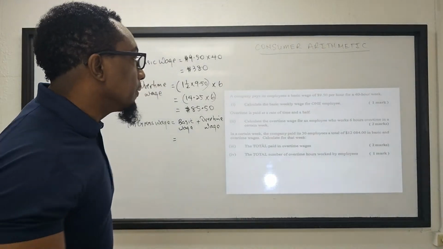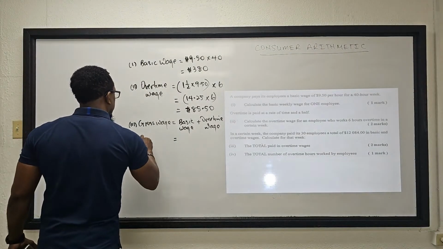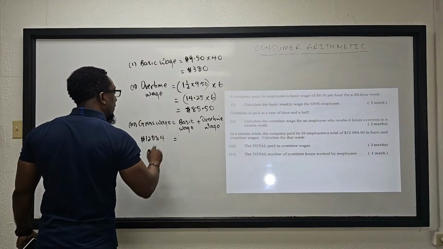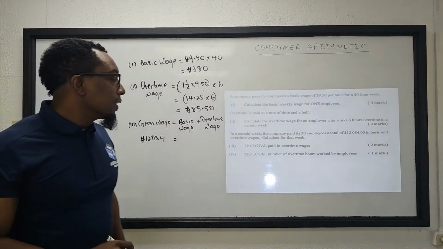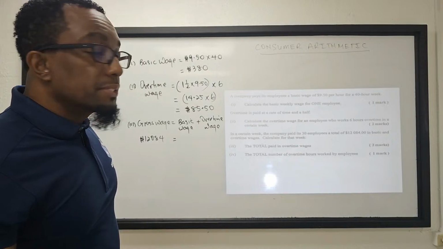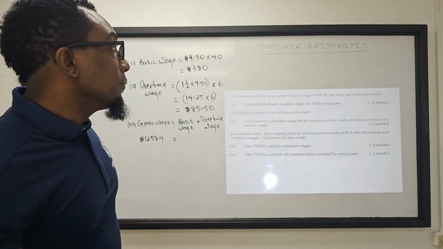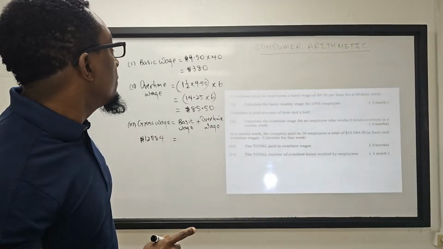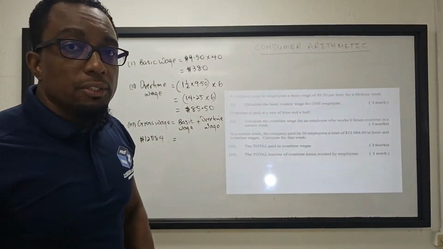So the gross wage is $12,084. We want to determine what is the basic wage. So we have 30 employees. We know what's the basic wage for one employee. That basic wage is $380.